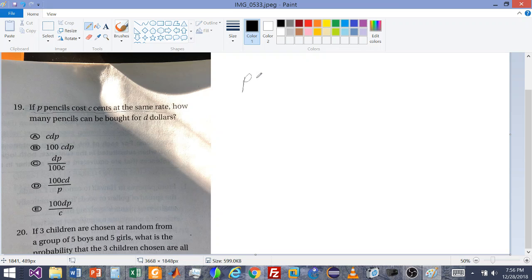It's confusing because the language isn't very clear here, but P is the number of pencils, and it's going to be times some rate. So I'm just going to reserve that as rate equals some C, the number of cents. So it's in terms of cents, all right? That's important to think about, that this initial rate is written in terms of cents.